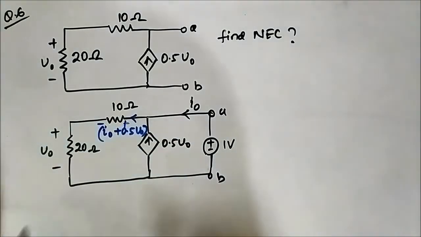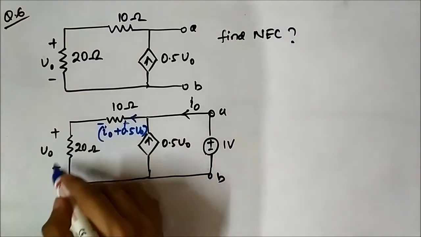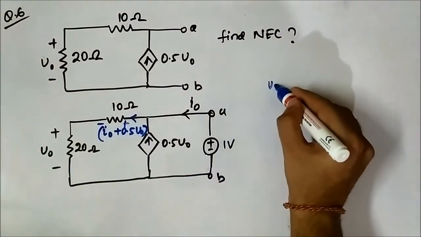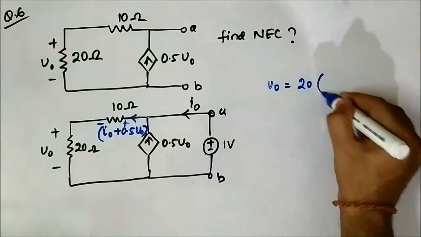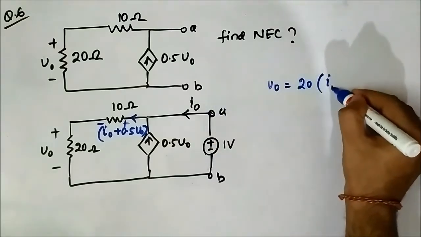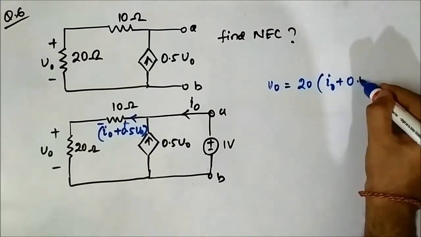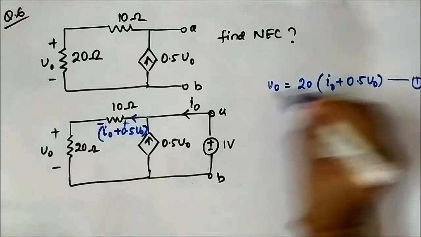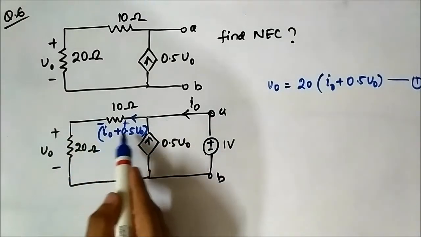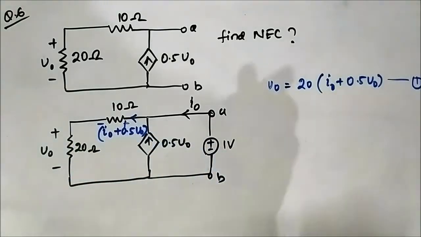Another important thing is that this V0 is actually 20 multiplied with I0 plus 0.5 V0. This is an important equation: V0 is 20 multiplied with I0 plus 0.5 V0.